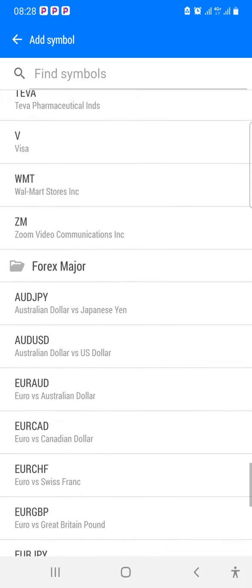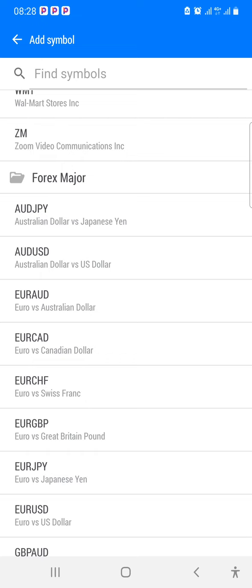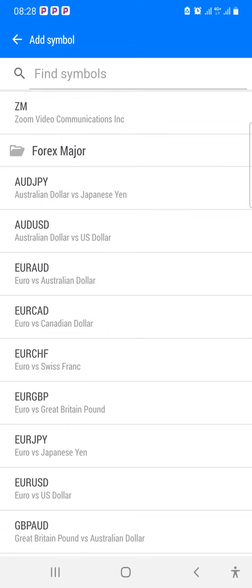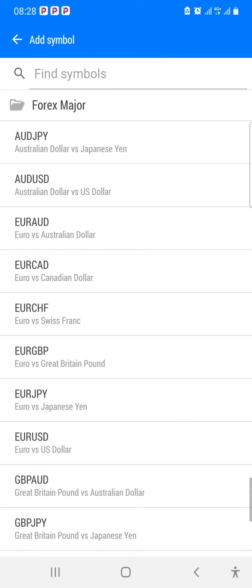Forex major. These are the major currency pairs in the Forex market. Major currency pairs are the ones that provide much more capital for you. If you want to add AUD JPY, that is the Australian dollar against the Japanese yen.